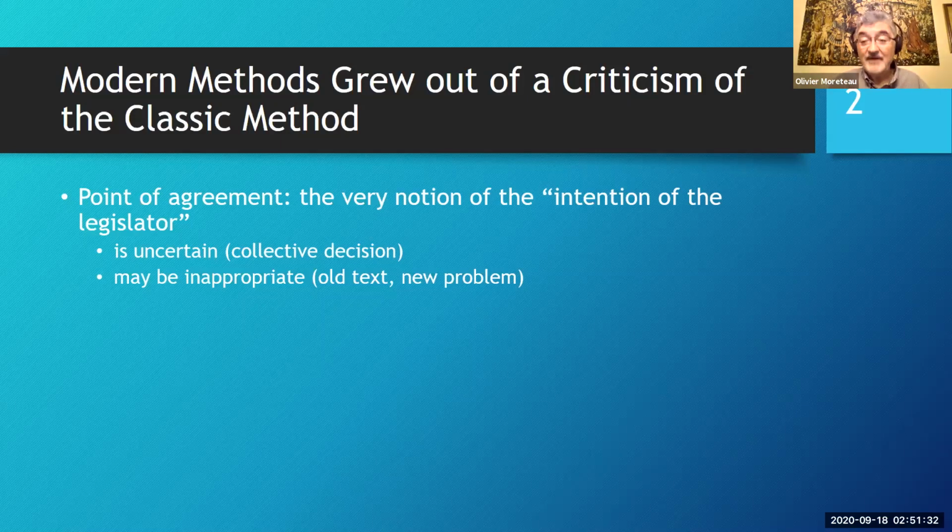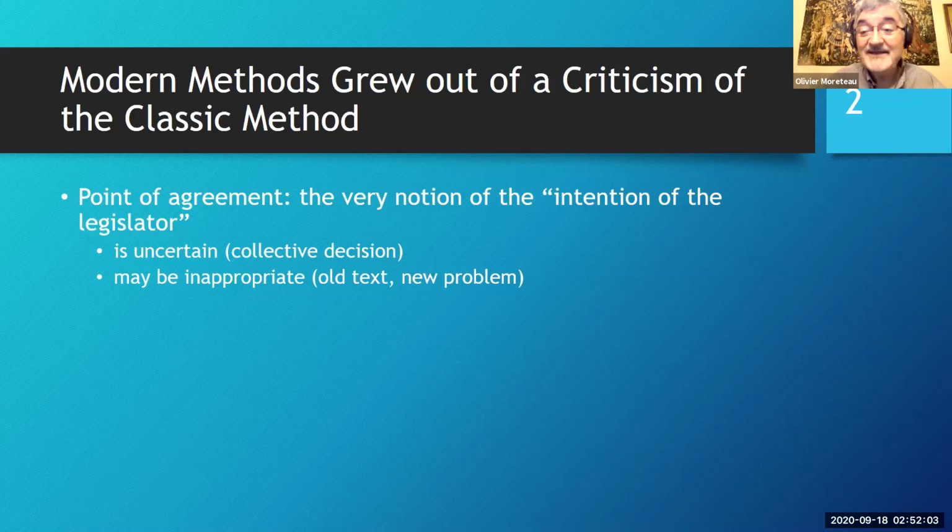And also, and that's probably the more severe criticism, these scholars say that it may be inappropriate, when you have a very old text and a new legal problem, to second guess the legislative intent, because how could they have imagined when they wrote the Civil Code in 1804 that we would have computers, that we would fly airplanes?